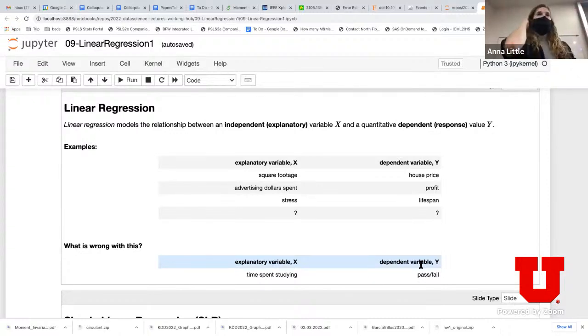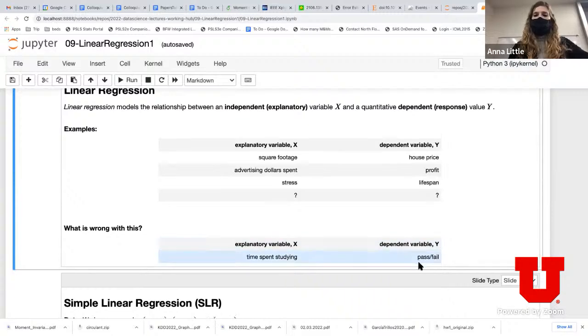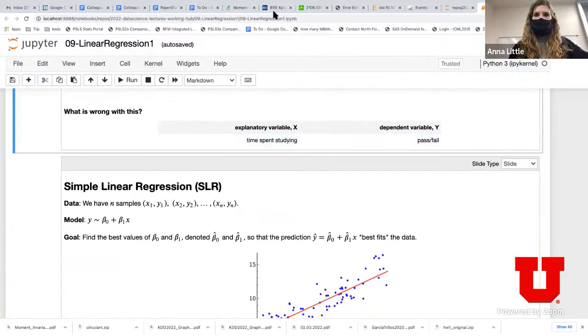Well, it could be discrete. If you're counting something, that's fine. But it needs to be a quantitative variable, not categorical, as you're correctly saying. There are other tools for categorical variables, and we'll talk about some of those later in the course. But for now, our response is going to be a quantitative variable.